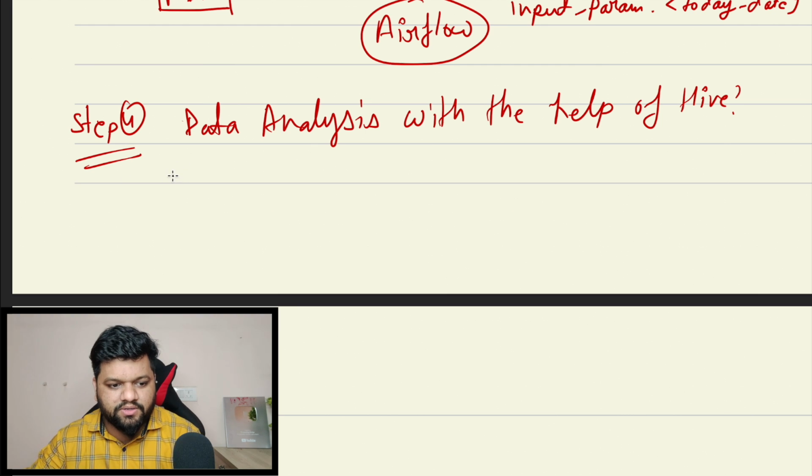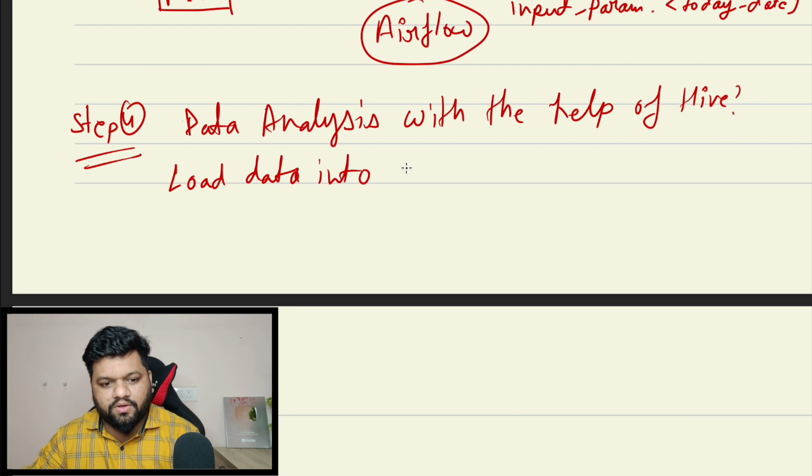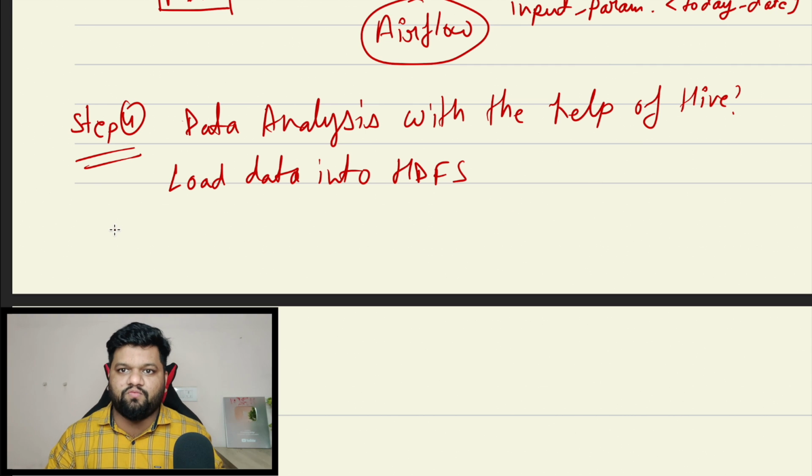Load data into HDFS, right? So first, let's say you are doing transformation 1, because in transformation 1 we are calculating something. It will have the orders, the cancelled orders and the delivered orders, right?